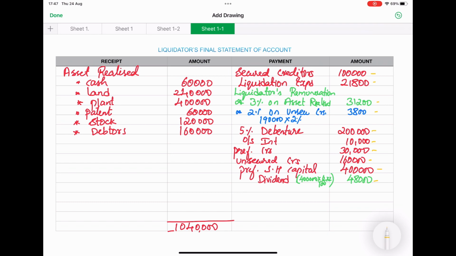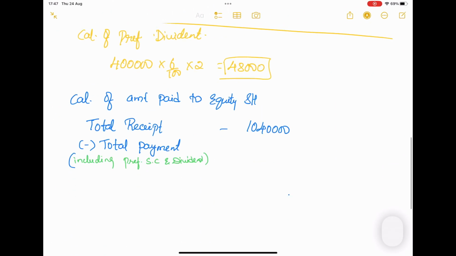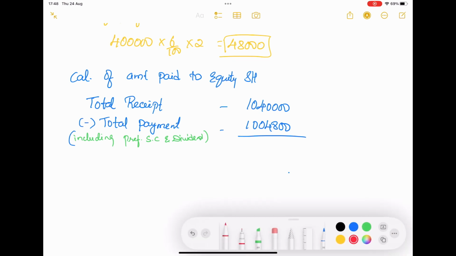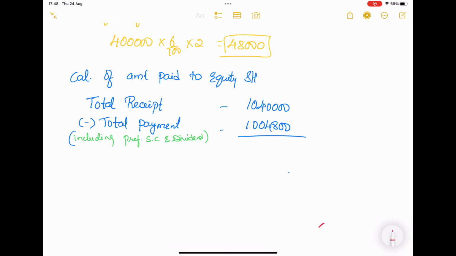If you add all these expenditures, all these payments, how much value are we going to get? We are going to get 10,04,800. If we minus it, we will be getting the value as 35,200.